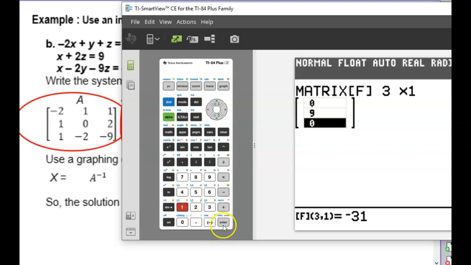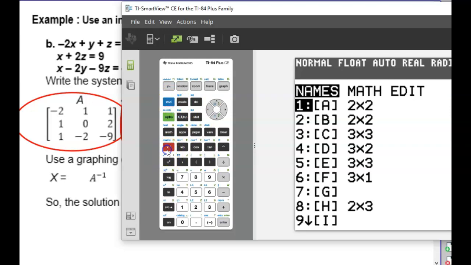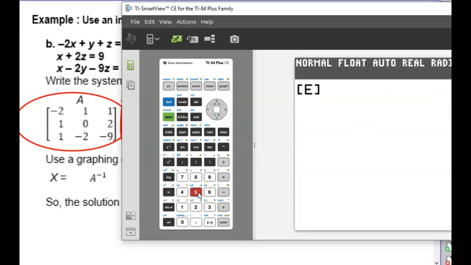Anybody remember how we put this on the home screen now? Mine is actually not in A, I think it's in E. And then you do the -1, so you just go back and hit the matrix key without doing second first. Then it's times, and you really don't need the times. It'll understand that you want to multiply.